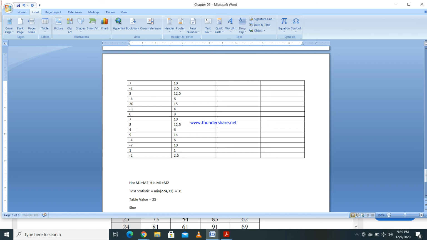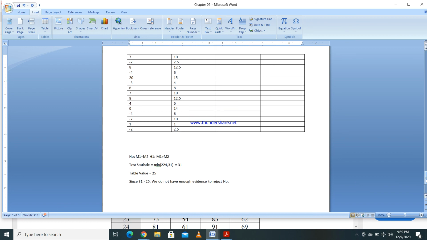So we can write, since 31 is greater than 25, we do not have enough evidence to reject H0. That is, we can conclude that there is no difference between the systolic blood pressure levels of these patients, right?